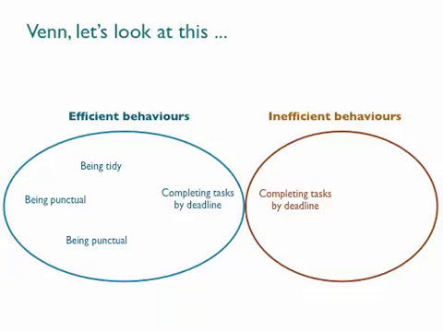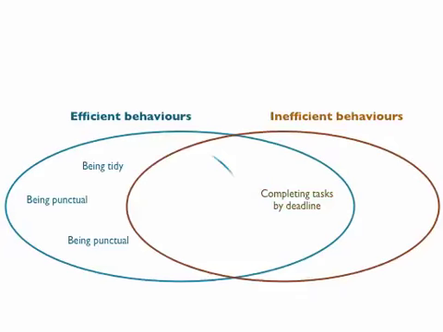So if they weren't taking that review time or that reassessment time, they might end up with a task that doesn't produce the desired results, and therefore it would be inefficient. So completing tasks by deadline, depending on the context, could be an inefficient behaviour or an efficient behaviour.